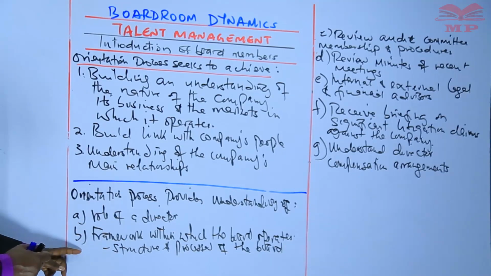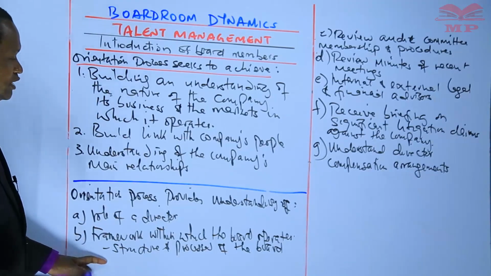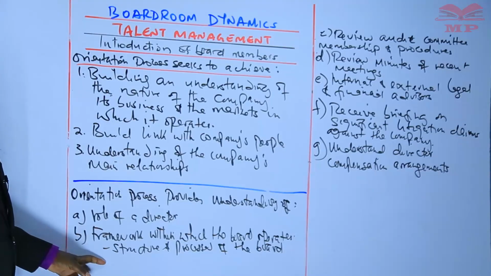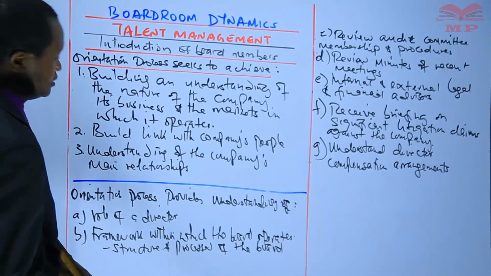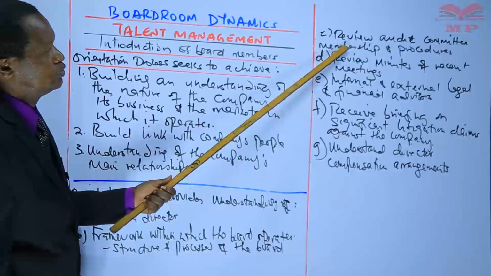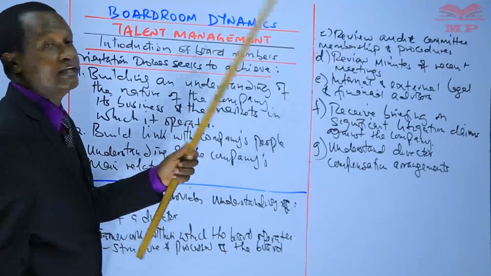Number two, should understand the framework within which the board operates. That includes the structure, the processes of the board, and so on. We also say that the board member should review audit committee membership and procedures.